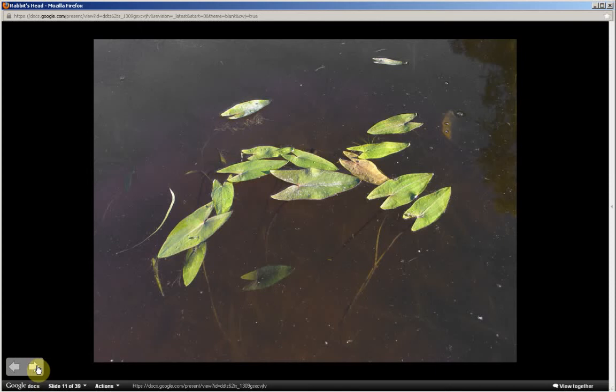This plant does not typically grow in very deep water. This water could be up to 2 to 3 feet deep, about as deep as the water will be for this particular plant.